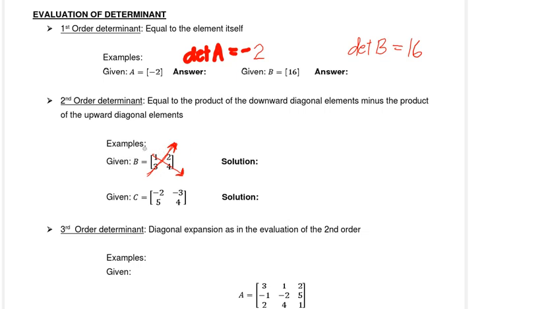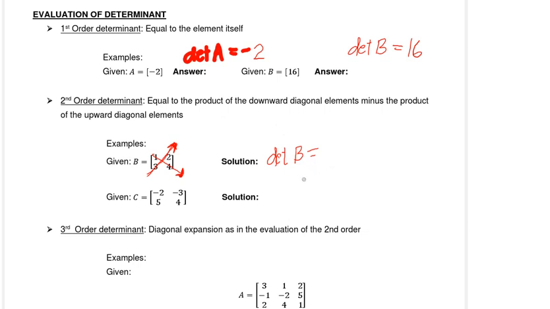So, for the given example 1, given matrix B, so ano yung magiging determinant nung B? So that is equal to, sabi natin, the sum of the product of the downward diagonal minus the product of our upward diagonal.